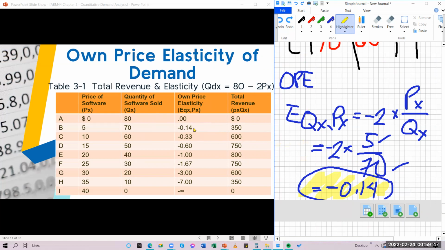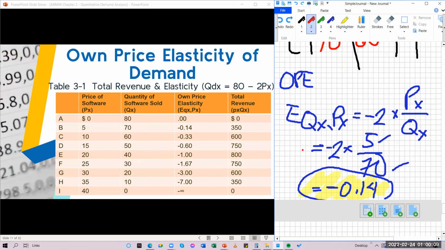So negative 0.14. If we interpret the negative 0.14, again, for every 1% increase in your price, it will lead to a 0.14% decrease in your quantity demanded. So there is a negative relationship between them.